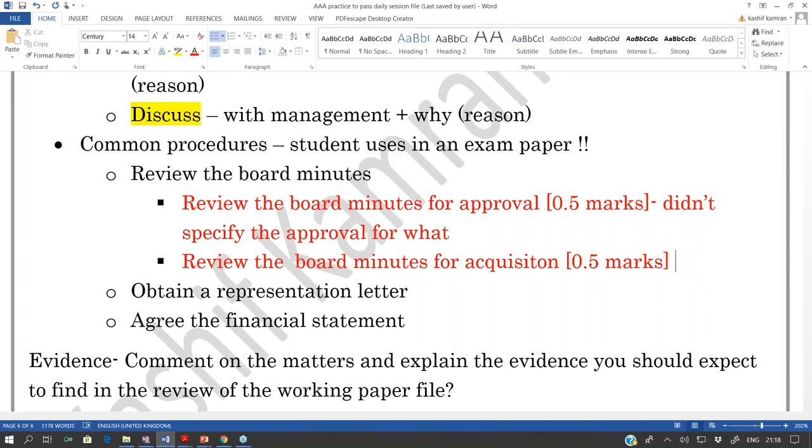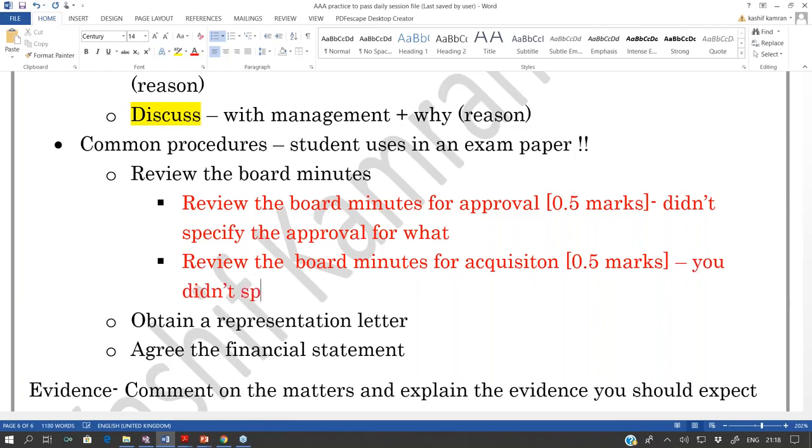So in the first point, you wrote approval, but you missed approval of what. In the second point, you wrote the acquisition, but you didn't specify what information you are looking for.